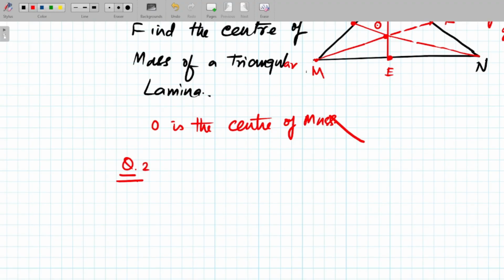This is what I told you earlier, that for most of these figures, if you find some sort of symmetrical approach, then you will find the center of mass. Now let us try one next level of question, and this time I will give you full opportunity to diagnose the problem.